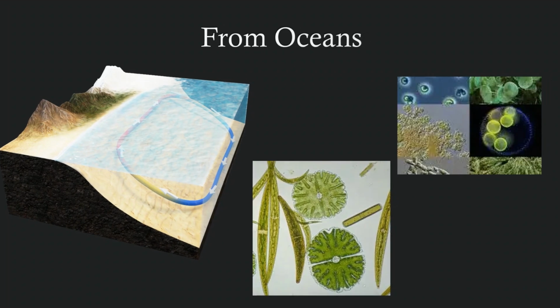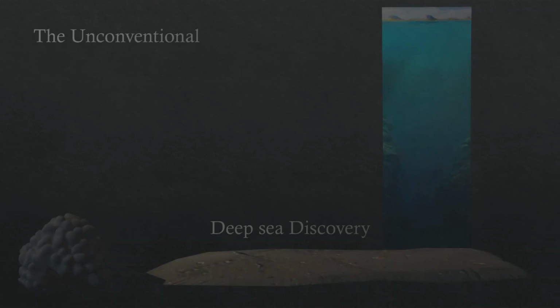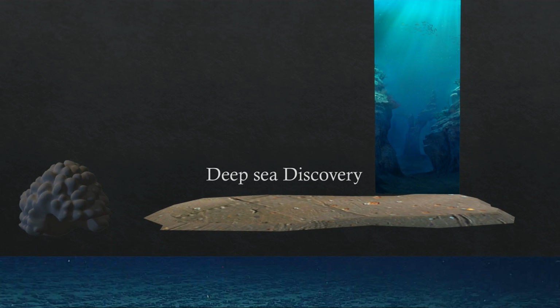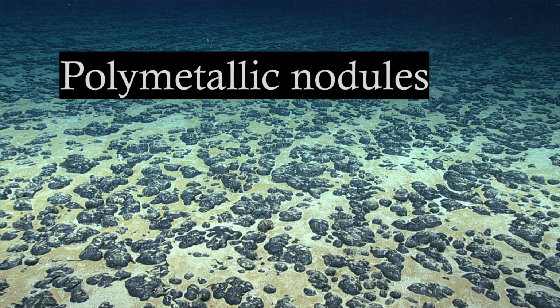Now, let's come back to the unconventional and recent discoveries, that is, the electrochemical oxygen production in the polymetallic nodules, also known as dark oxygen. Recent studies have proposed that polymetallic nodules on the ocean floor might produce oxygen electrochemically even in the absence of sunlight.